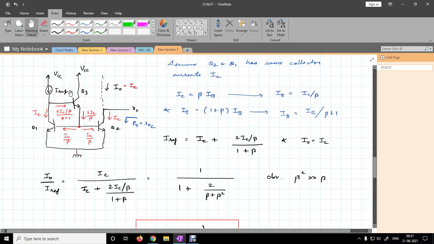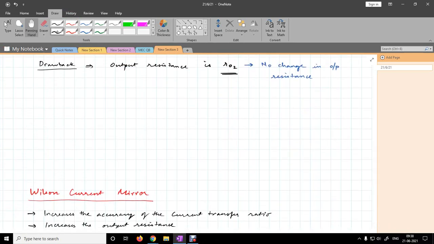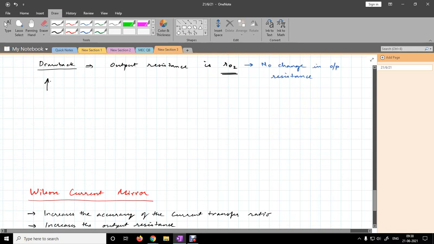But instead of having this I reference, if I put a resistor there to actually control the I reference value, that circuit will actually look like this. So here I have VCC, which goes to a resistor R, and this goes to Q1.